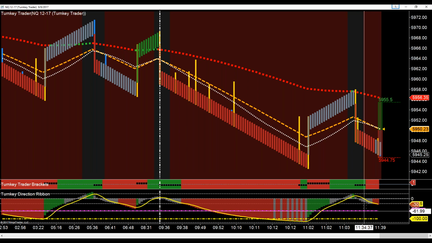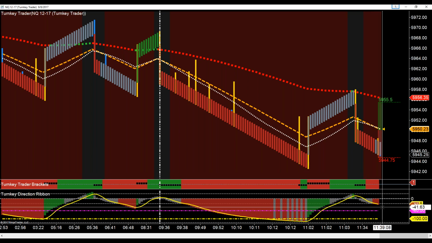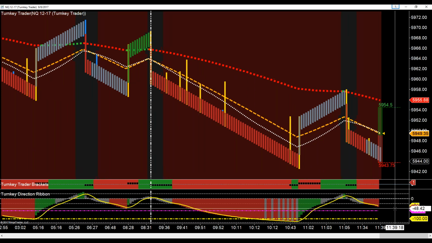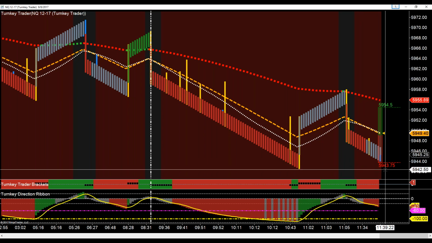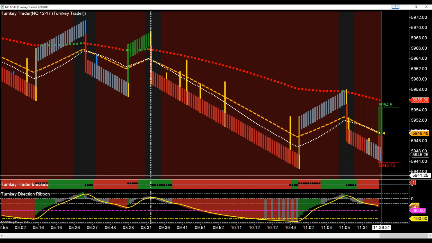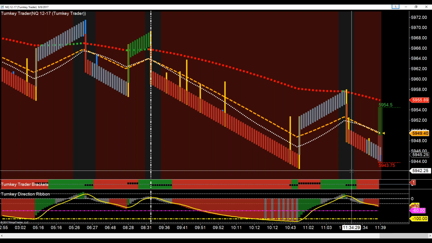Yeah, so I'm going to see it go a couple more bars and have my yellow line get outside of this range. Yeah, there we go. I would need to see red bars though.